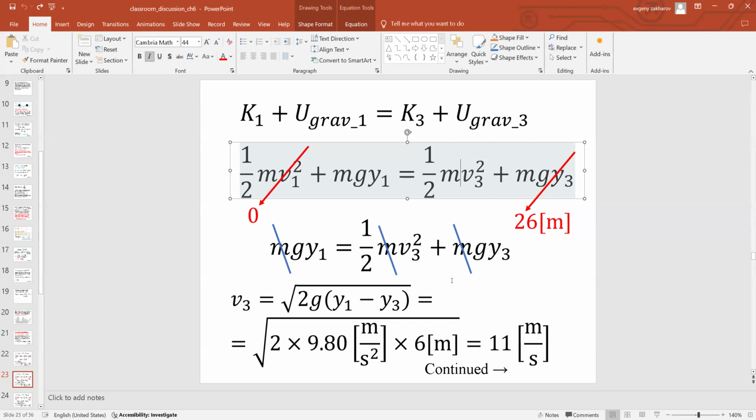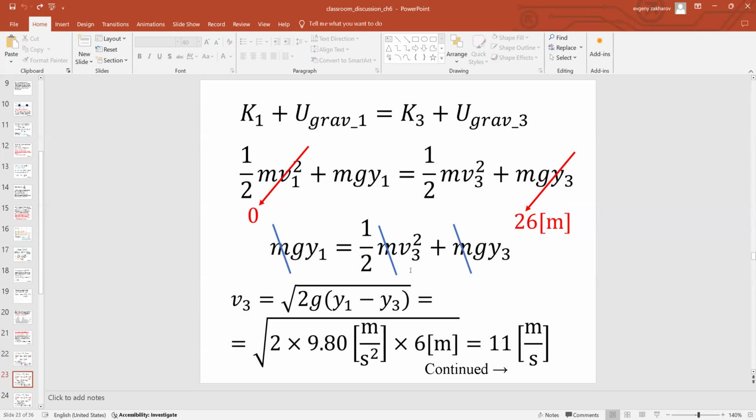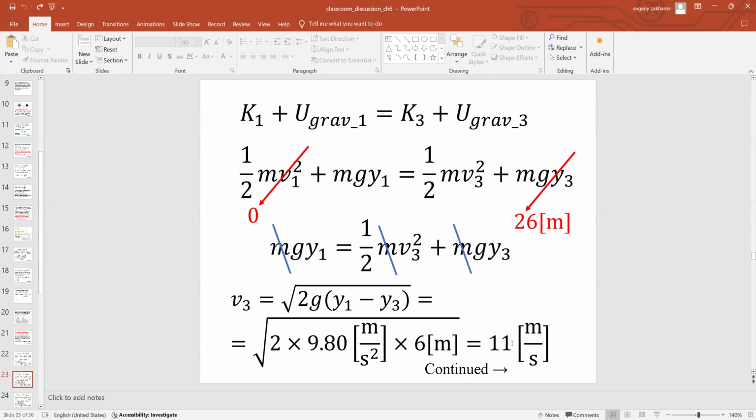So at point 3, the calculations show that you'll be going at 11 meters per second. Calculations are exactly the same as before. You can see mgy and 1/2 mv squared are the only formulas we use for calculating kinetic and potential energy. So mass is canceled, and we are going slower. It was 25. Now it's 11 once you reach point 3. Makes sense.